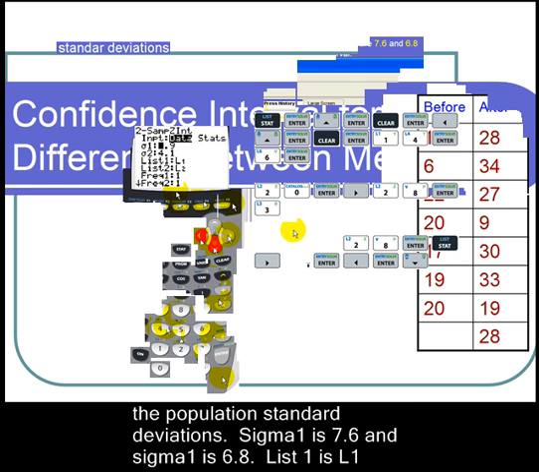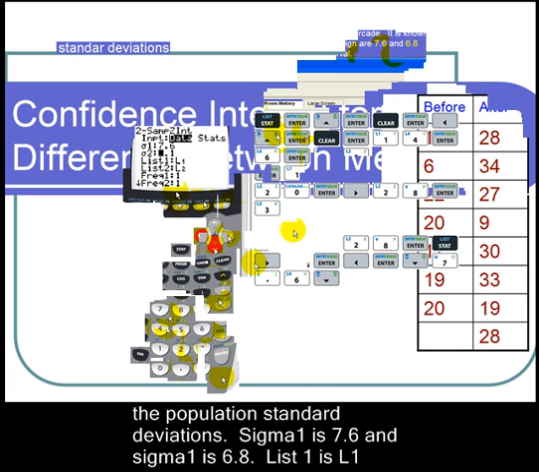It asks me for the population standard deviations. Sigma 1 is 7.6. And Sigma 2 is 6.8.